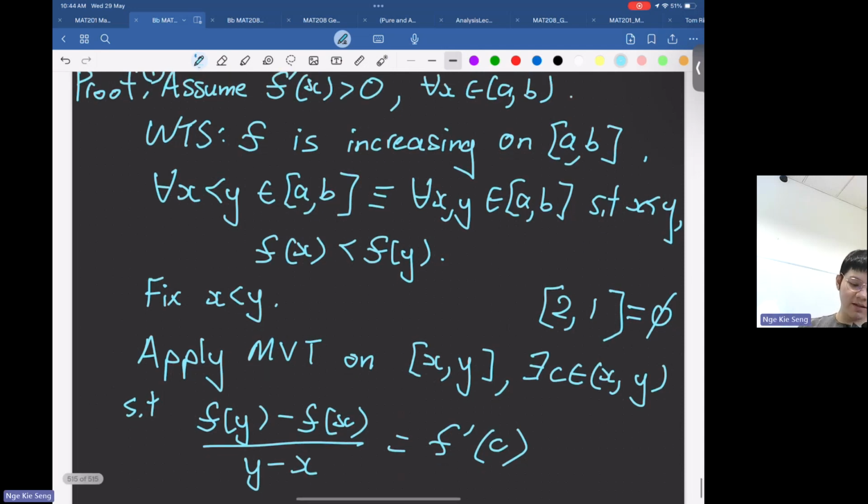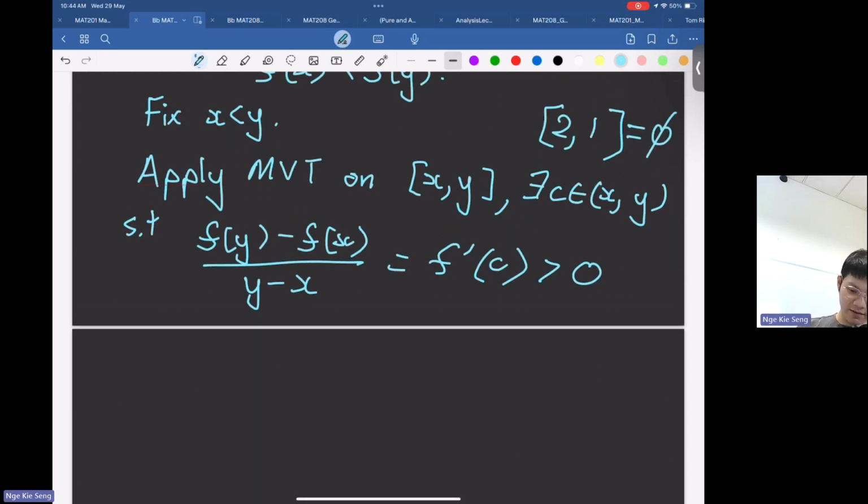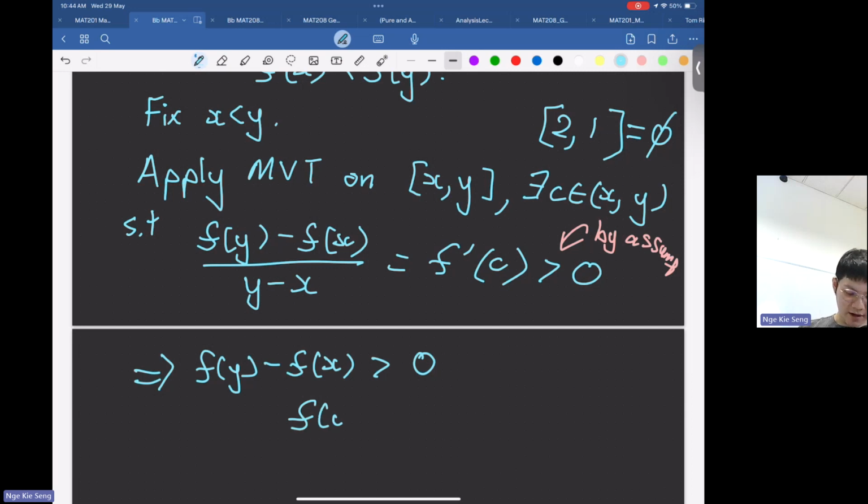What do we know about f prime of c? It is always greater than 0, by assumption. Which means f(y) minus f(x) is greater than 0, and this means f(y) is strictly greater than f(x).